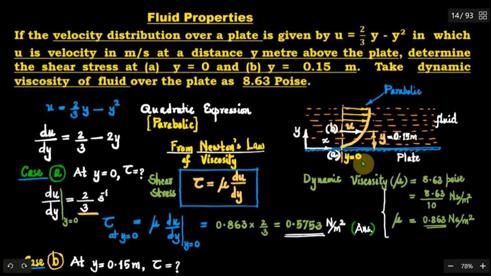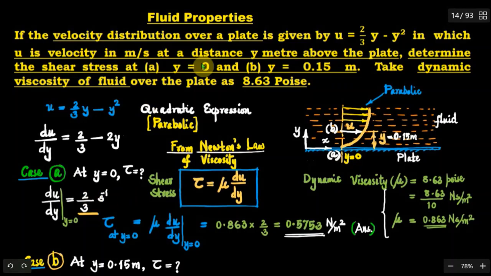So at y is equal to 0, that means the fluid layer closest to the plate, you have velocity equal to 0, because when you substitute y is equal to 0 in the given expression, you will get u is equal to 0. And as you go vertically up, the velocity will increase, and that is given by this quadratic expression.